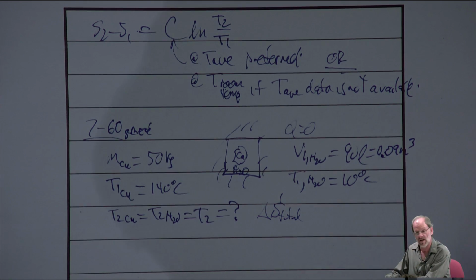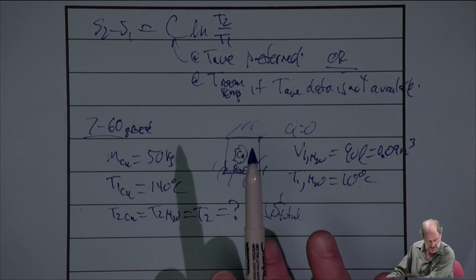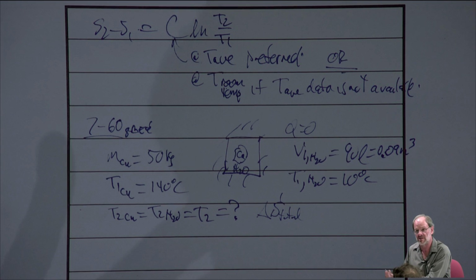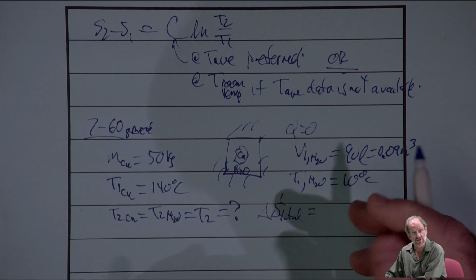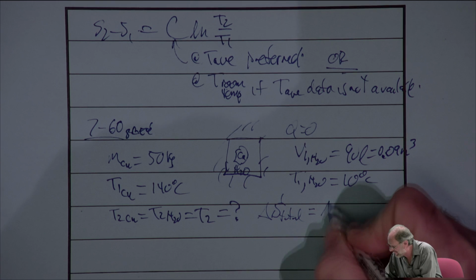for this particular process. We should keep in mind that because this is well insulated, there is not going to be any heat transfer into the surroundings. So the total entropy change is really just going to be the entropy change of the system.